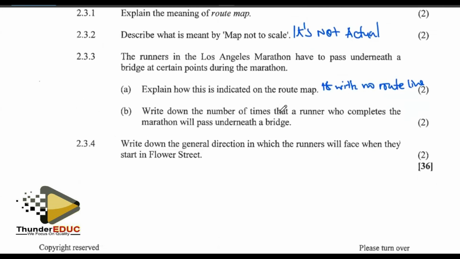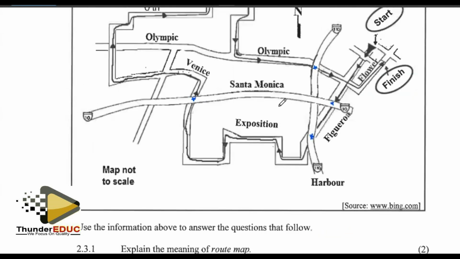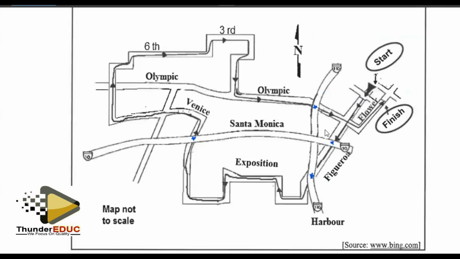Write down the number of times that runners who completed the marathon will pass underneath a bridge. So I was looking at how many times. Let's count this as 1. We come to this, we call it 2. This one here, 3. And this one, we have it as 4.